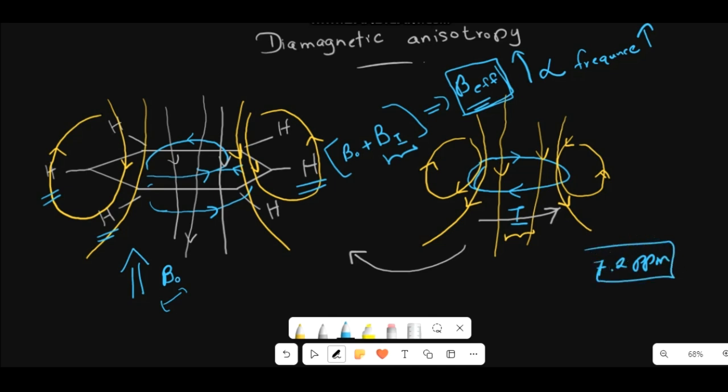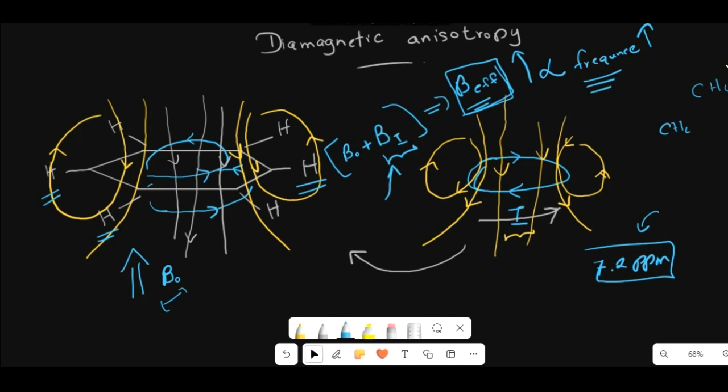Why is this? This is greater than the normal CH2 bonds, CH3 bonds. It's because of this effect. This effect will add some additional magnetic field to our original hydrogen atom, which will increase the frequency, right?